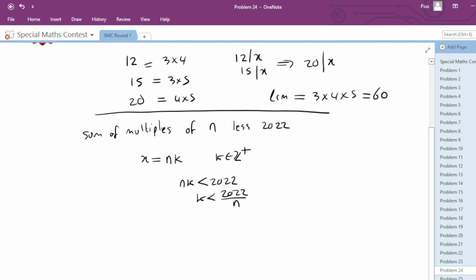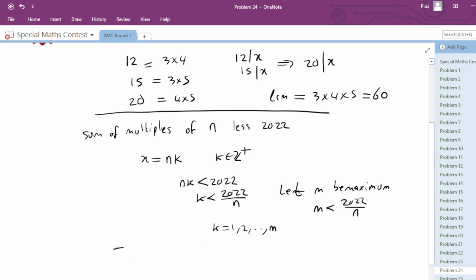So if we take the biggest value that satisfies this, let m be the maximum such that m is less than 2022 over n. Then the values of k will be from 1 up to that value m. Once we figure out what m is, then we have this.